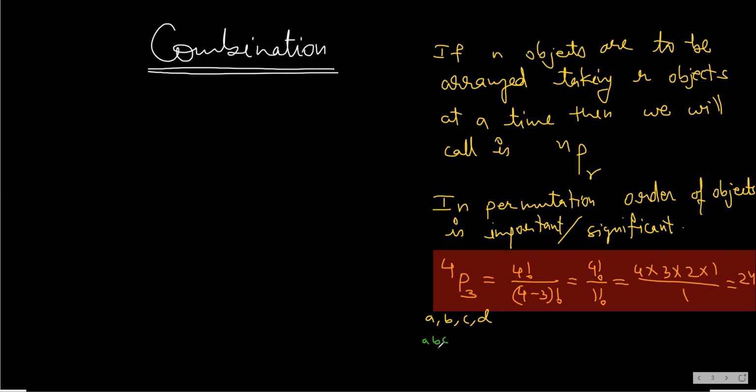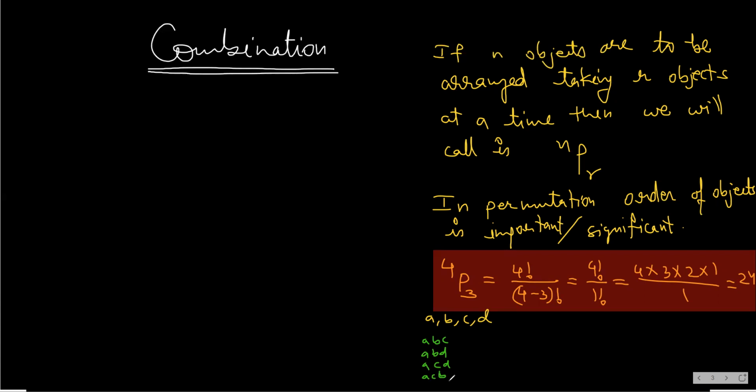It will be like ABC. You check this, ABC. Then you will have ABD. Then you will have ACD, ACB.